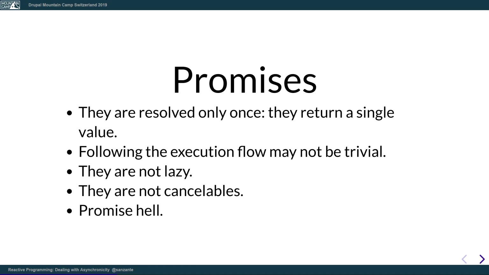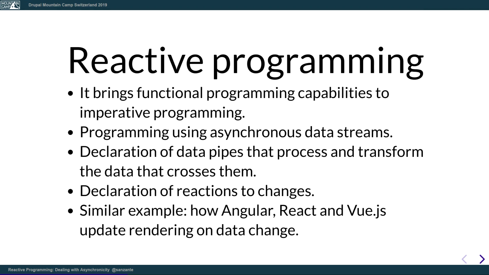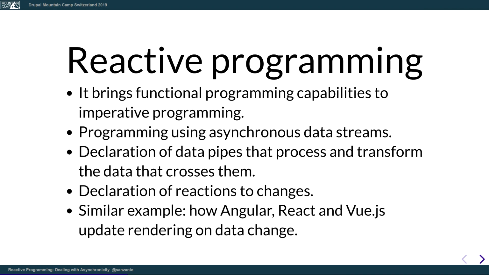So when the promise is created, the code that tries to resolve it is executed immediately. It's assumed that the answer is needed immediately, and because they are not cancelable, you can't cancel them. There are some libraries that allow this, but in general, you can't cancel a promise.